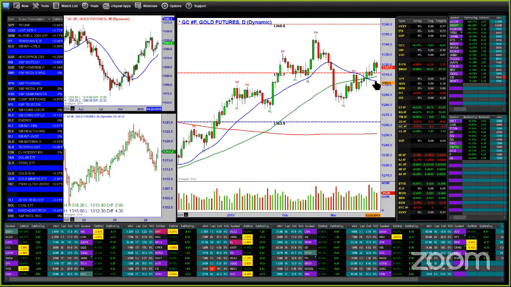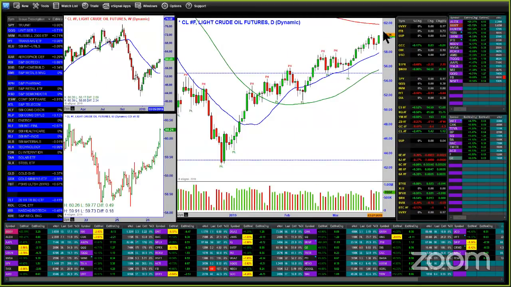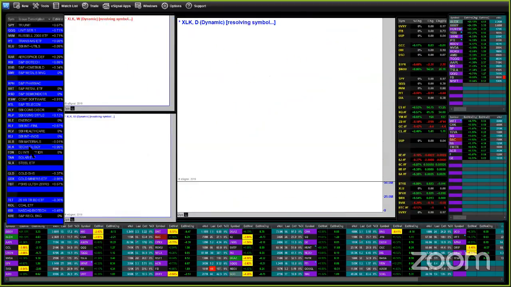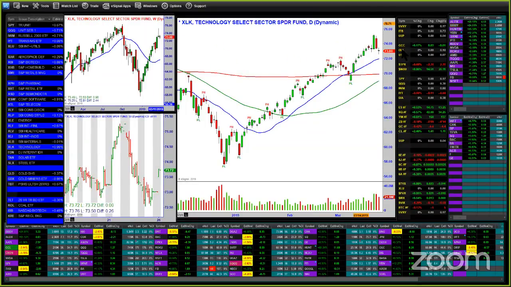And gold grinding its way higher there. Oil continuing this bull trend. And let's just look at energy. Kind of right sideways. Not so sure there, but that has to be a positive for oil, these energy stocks. So we'll keep an eye on those. We're not out of the woods here by far, even though the markets are up.